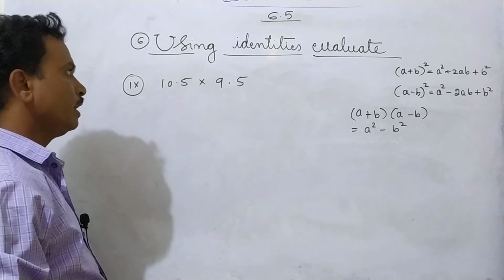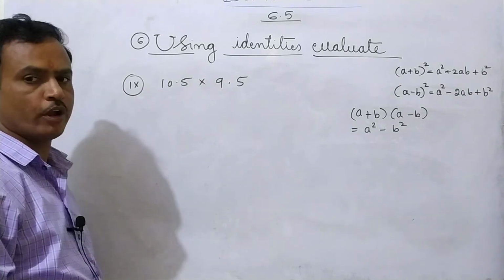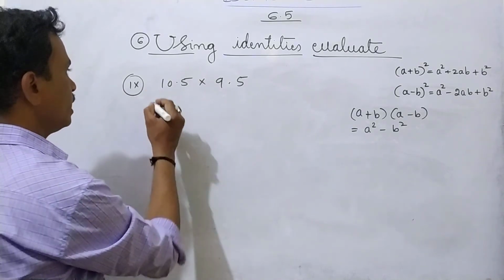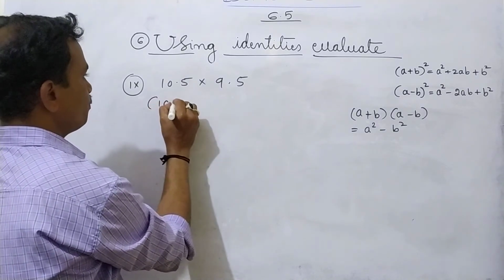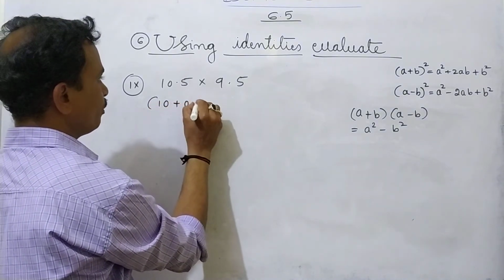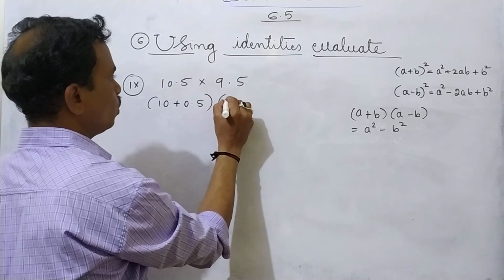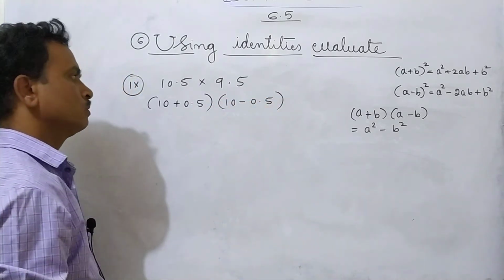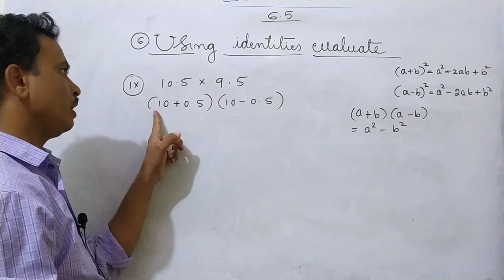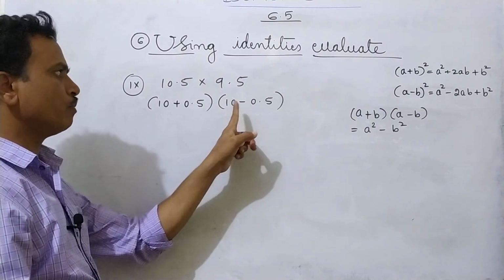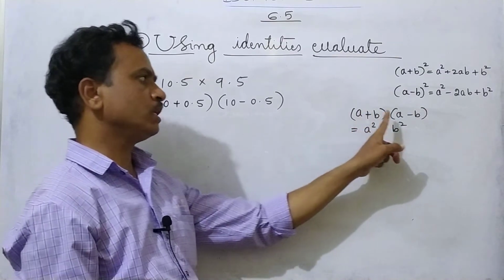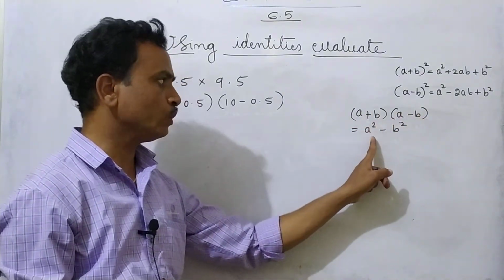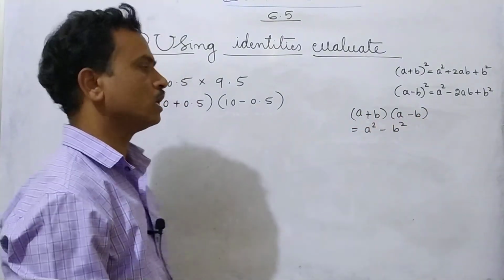Ninth question, 10.5 into 9.5. So this can be written as (10 plus 0.5) into (10 minus 0.5). Now it is in the form (a plus b) into (a minus b), that is equal to a square minus b square.